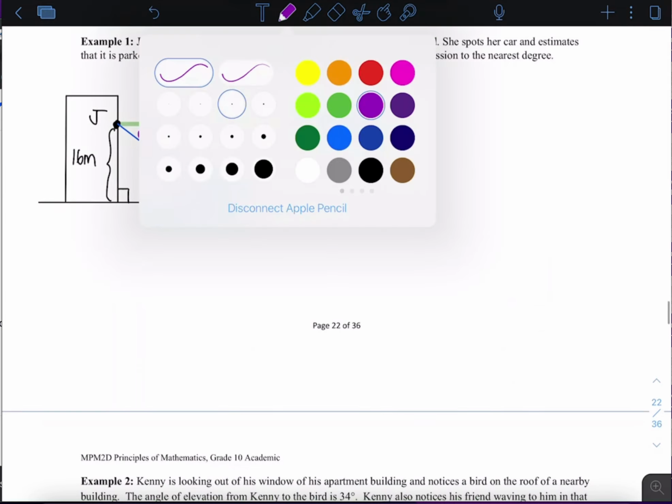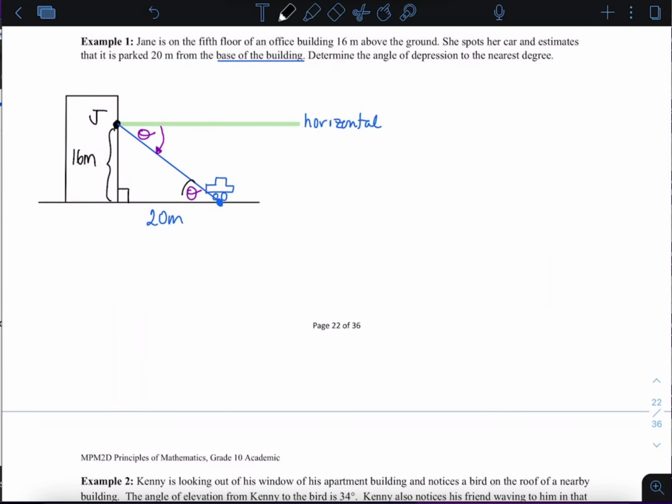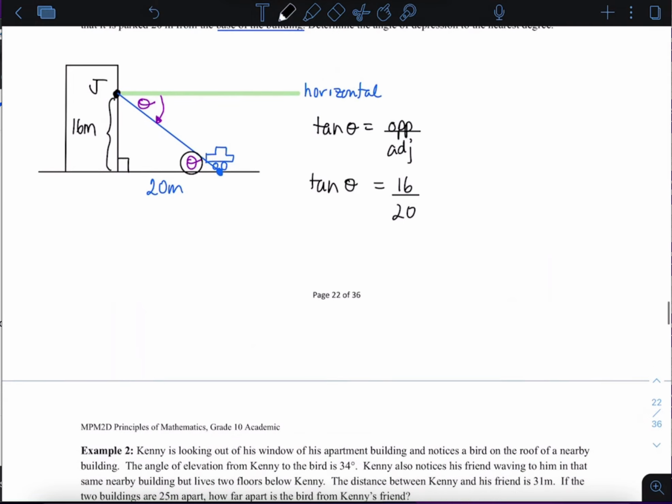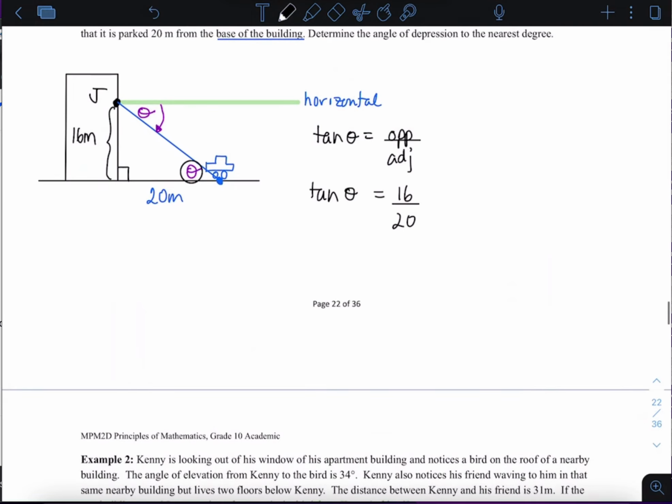Now what I should realize is that I'm going to use a tan ratio where this is my angle of consideration. I know tan theta is opposite over adjacent. And in this case, the side opposite of theta is 16 and adjacent is 20. And if you recall, the way we isolate this or the way we solve for the angle is we use tan inverse of 16 over 20.